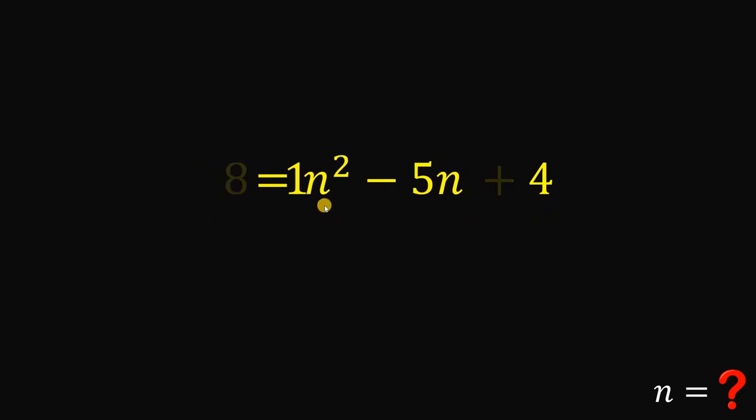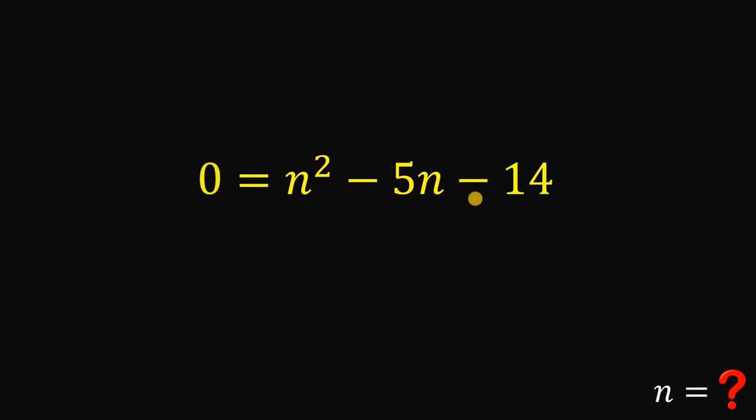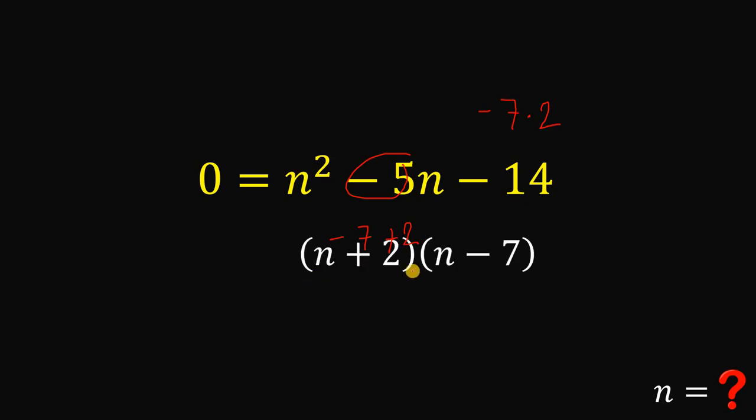If we do that, we get 0 equals n squared minus 5n minus 14. Now, we can easily factor this because negative 14 can be written as negative 7 times 2, and negative 5 can be written as negative 7 plus 2. So we can factor this as (n plus 2)(n minus 7).